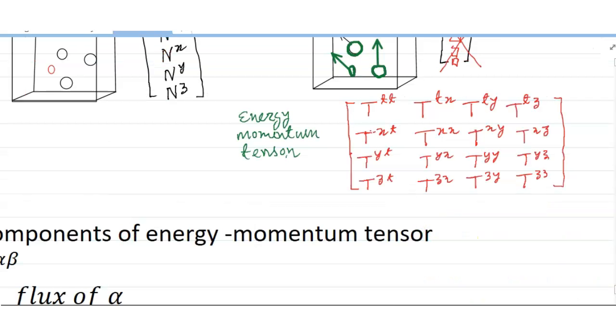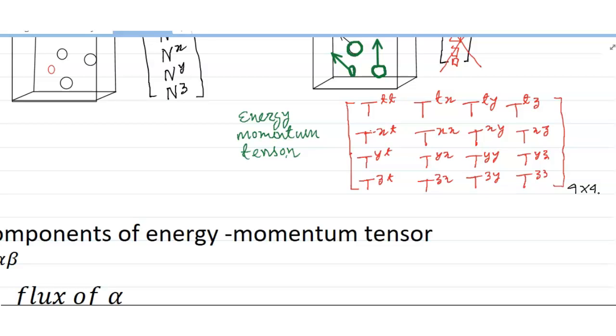Another 4 vector is not enough to describe the flow of 4 momentum inside the box. Instead, we are going to need a 4 by 4 tensor. This is called the energy momentum tensor, which describes the flow of the 4 components of 4 momentum in all 4 space-time dimensions.